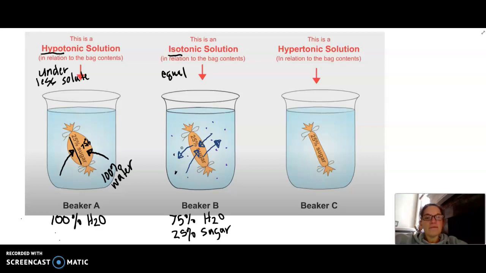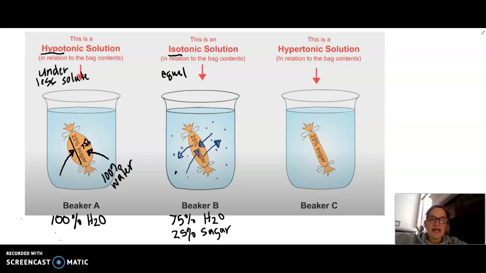And so it must be closer to 10% sugar solution, but it's not 10%. And so as you went through the lab, you figured out that the solution was probably around a 7 or an 8% sugar solution based on how water was moving out at 10% and how water was moving in at pure or at the hypotonic or 0% sugar.